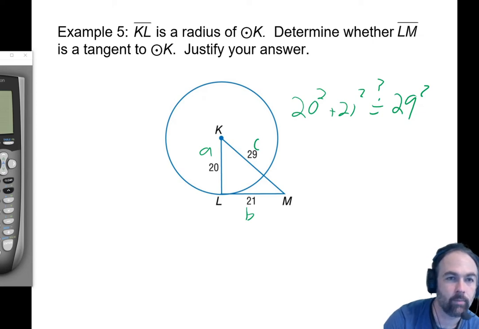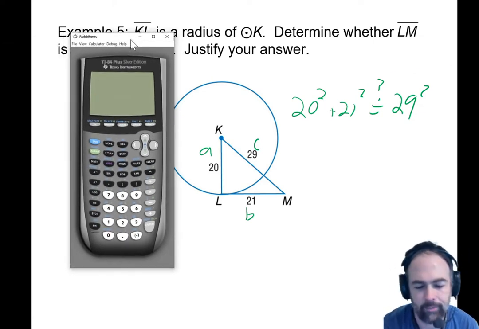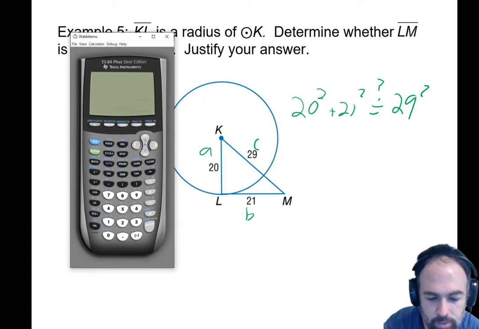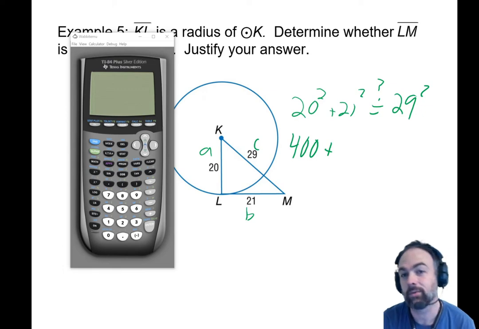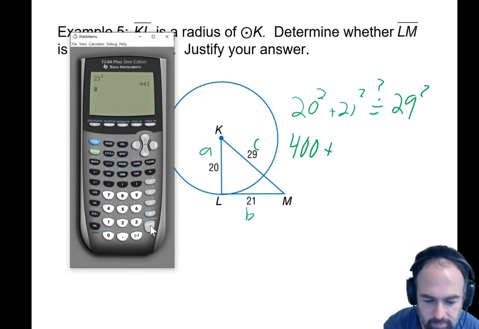And this one, I hope nobody gets all over me for using my calculator on this one. Well, you know what? I'll do my mental math where I can. 20 squared, I know, is 400, plus 21 squared, I will be honest, I have no idea. And I lost my mouse. There it is. 21 squared is 441.